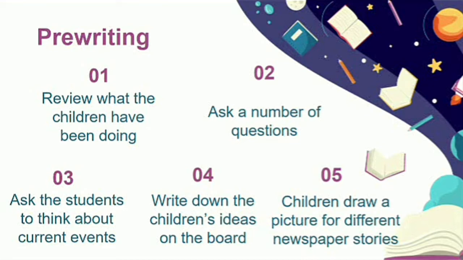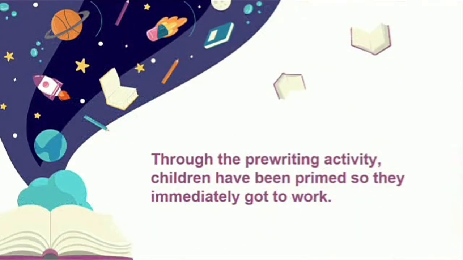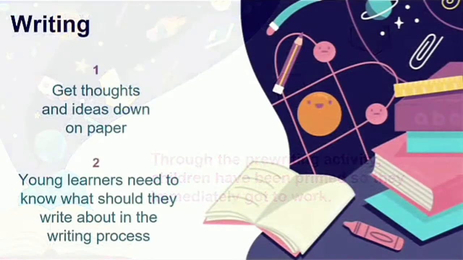And then for the next one, the teacher asks the students to think about current events, and the teacher writes down the children's ideas on the board. As a second pre-writing activity, the teacher can ask the children to draw a picture for different newspaper stories. Through the pre-writing activity, children have been primed, so they immediately get to work.